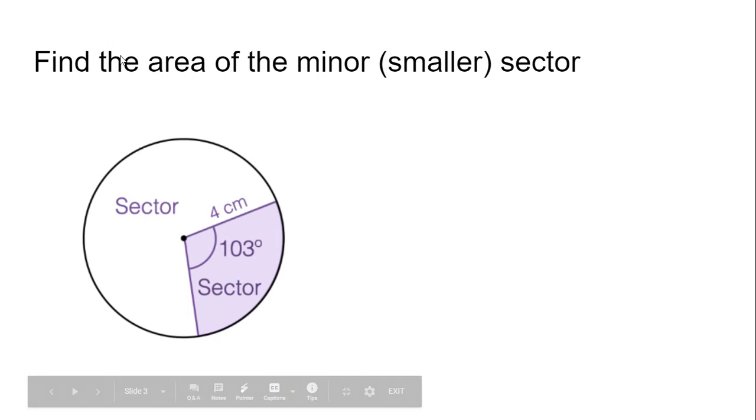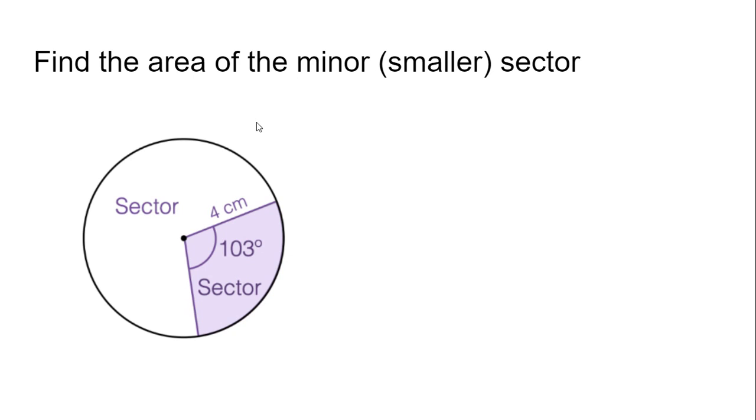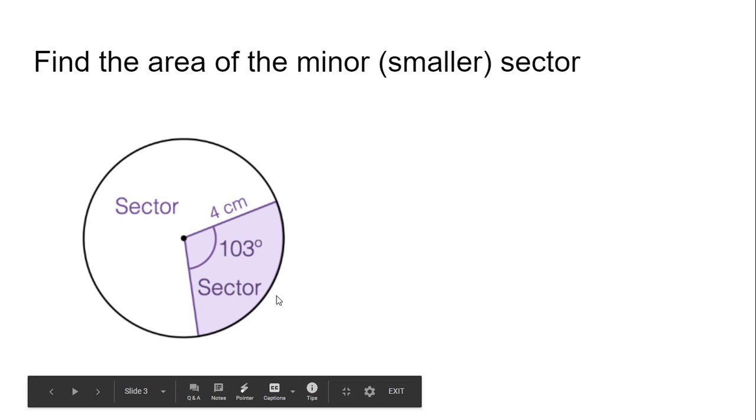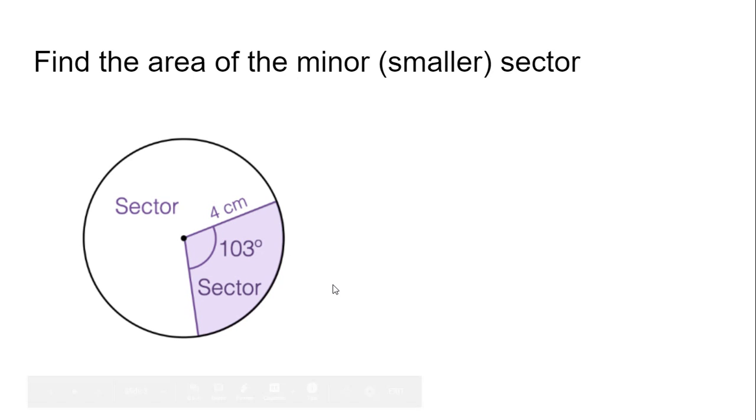First example, we're going to find the area of the minor sector. Minor sector just means smaller sector, so this light purple one. Just like with fractions of a circle, for example, quarter, half, and 3/4, you need to work out what fraction of the circle this sector is. Because it's 103 degrees, you can think of it as 103 out of 360.